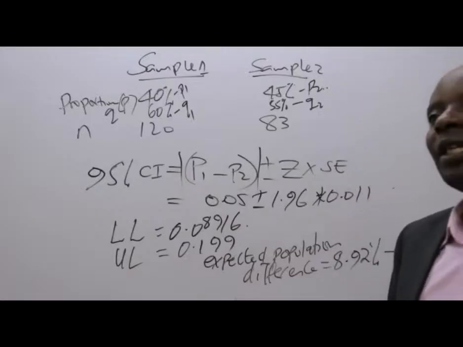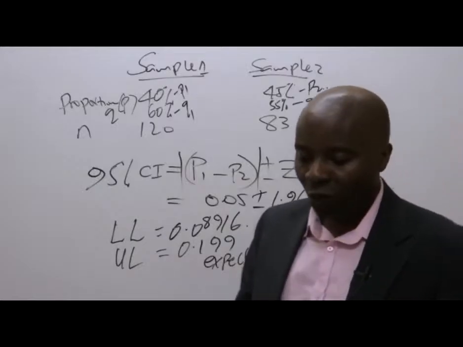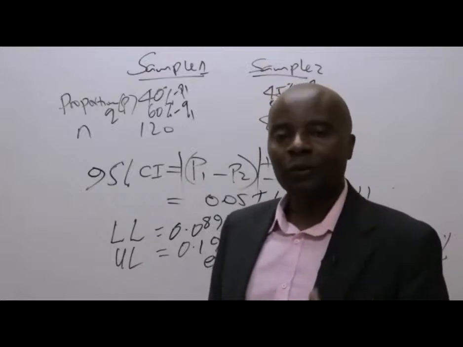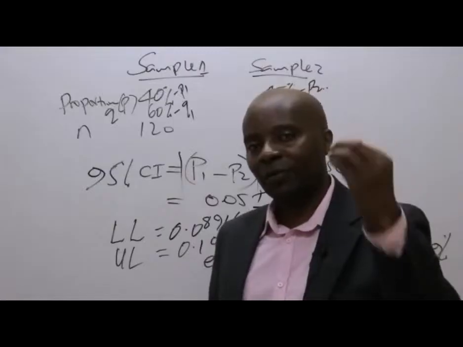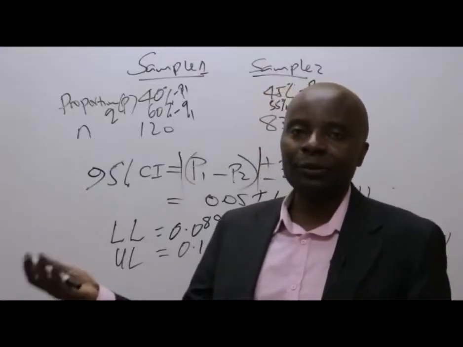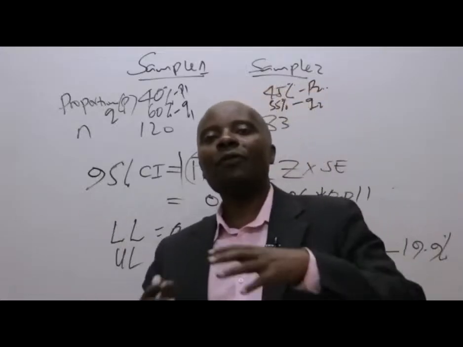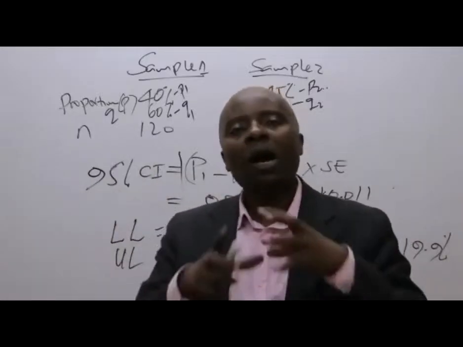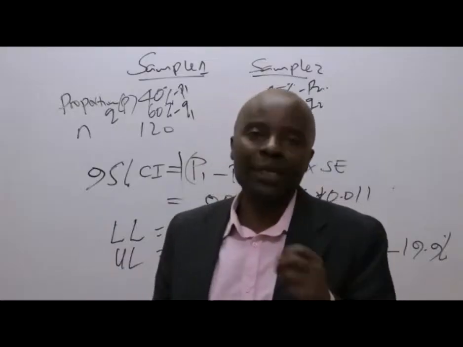You know, ladies and gentlemen, look at, for example, the COVID samples. You'll get sample 1 of 3,000 people who have been tested for COVID, having, for example, 7% positive. Another sample of 3,000 having this particular. So we'll be asking ourselves, what if we were to get samples from the entire country, how different will these sample proportions be?